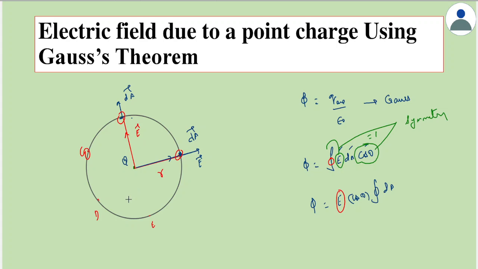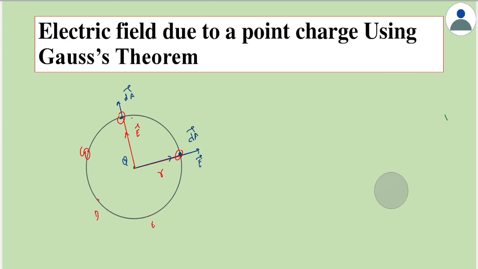Suppose instead of a sphere, we take something like a cuboid, with a point charge, capital Q, here. If we take a cuboid as the Gaussian surface, then for any small elemental area, the area vector is normal to that point.